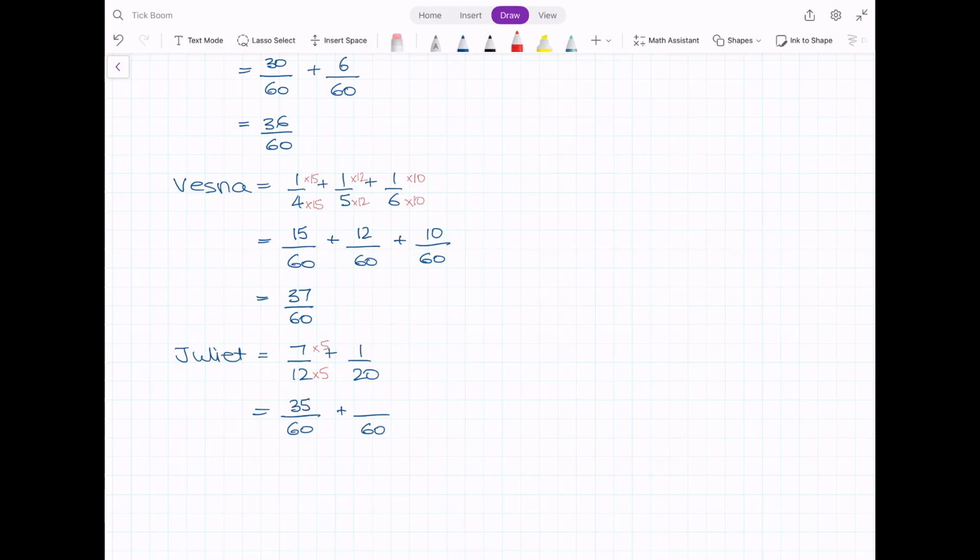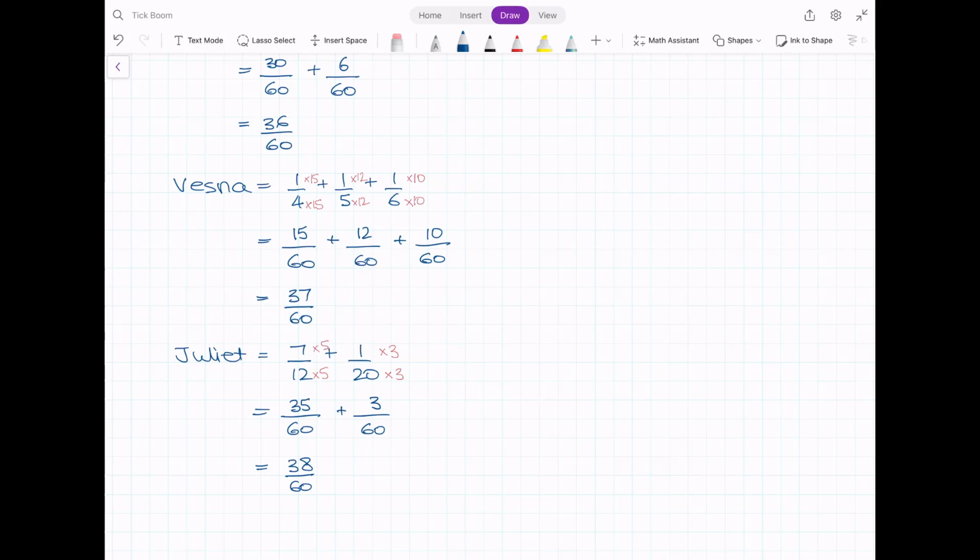And then 20 times 3 gets us 60, so we'll do 1 times 3, which is 3. So 35 plus 3 gets us 38 over 60. And now we have all 4 of our fractions with the common denominator of 60.